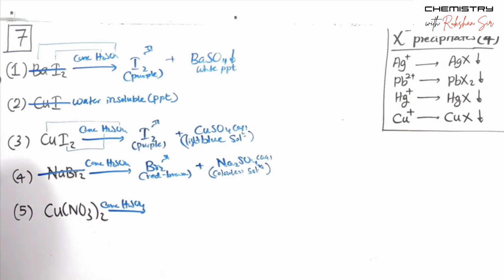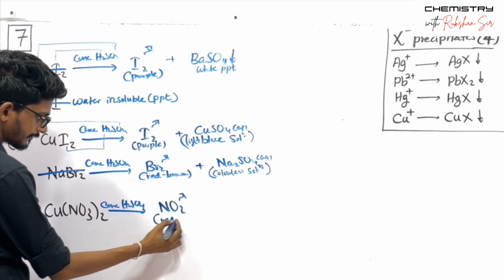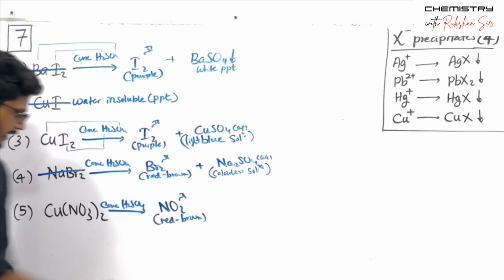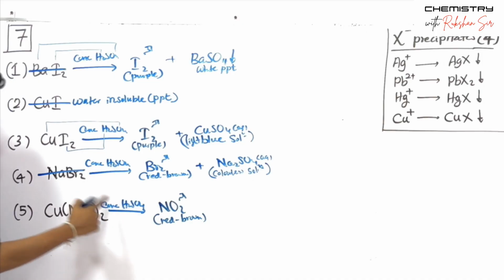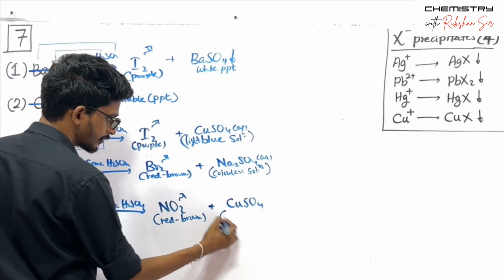With this one, NO3 minus will produce NO2 gas, which is red brown, and copper 2 plus combines with sulfate to form copper sulfate, again a colored solution, light blue.